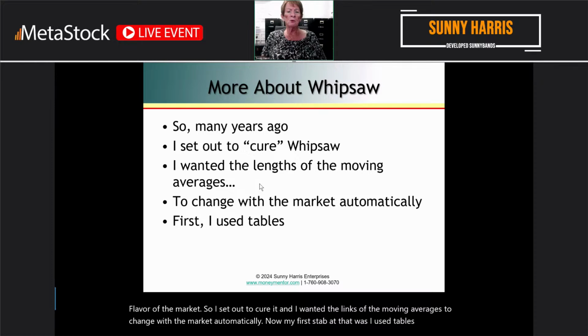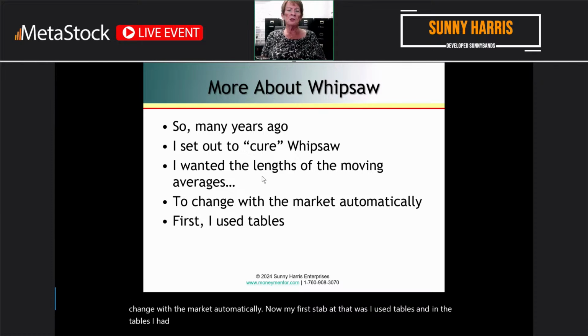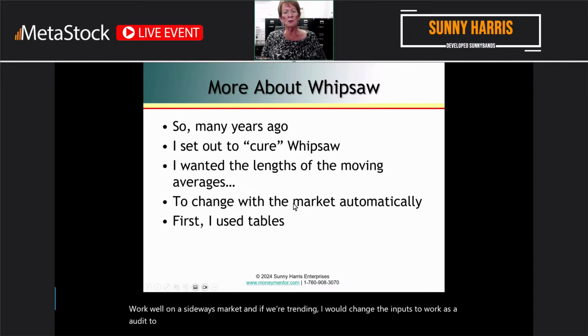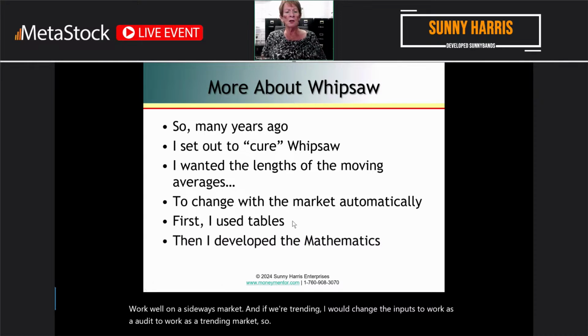And in the tables, I had different lengths for different scenarios. So if we were moving sideways, I'd change the lengths to work well in a sideways market. And if we're trending, I would change the inputs to work as a trending market. So tables didn't work out so well.